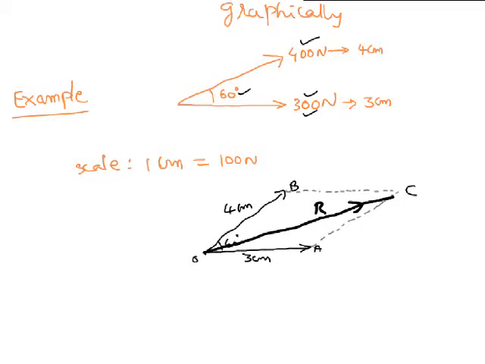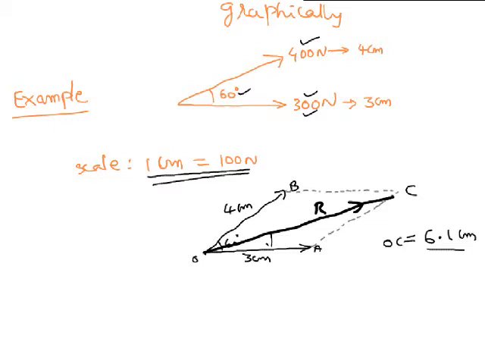If you take a scale and, using the rule 1 centimeter is equal to 100 newtons, measure the length OC, it will be approximately 6.1 centimeters. This is what I got. When you actually draw it, you may get a slightly different result, maybe 6.15 or 6.2. Such deviations are expected.